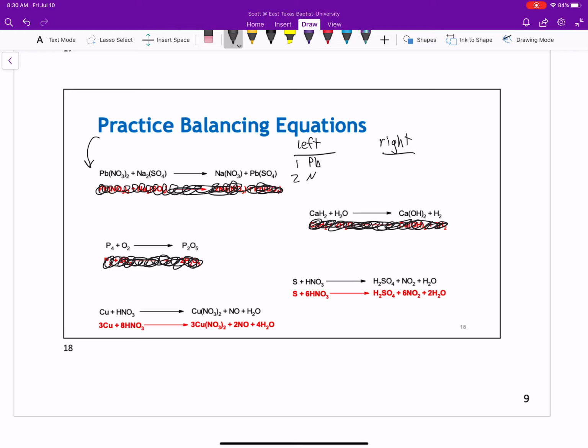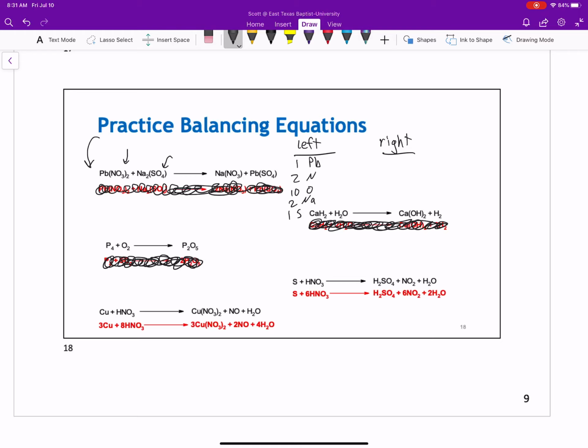We have 6 oxygens right here, 2 times 3, but then we have 4 oxygens there, so that totals 10 oxygens. Okay, next we have 2 sodiums, and then we have 1 sulfur. And that should complete what's on the left.